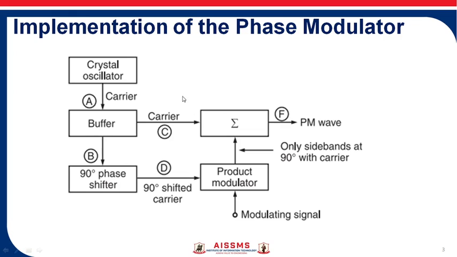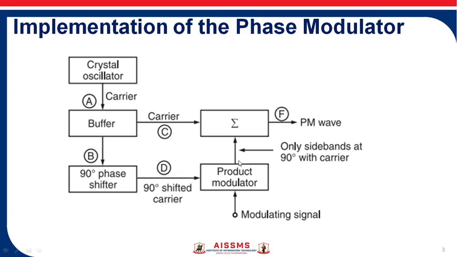This is the block diagram of the phase modulator that shows a crystal oscillator, buffer, and 90-degree phase shifter. The 90-degree phase shifted carrier is applied to the product modulator, and another input of the product modulator is the modulating signal.